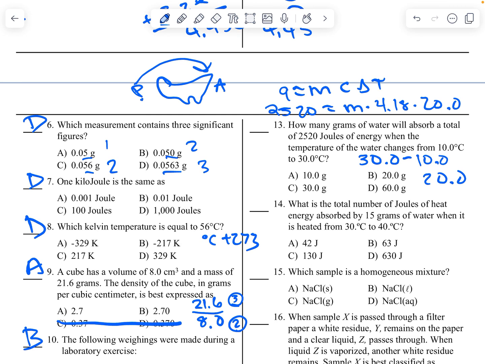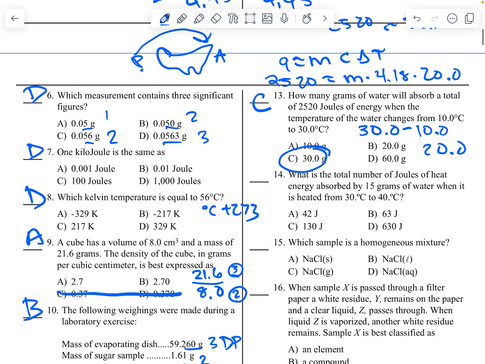So let's do some algebra. 4.18 times 20 gives me 83.6 times M equals 2520. I'm sorry, this is messy. Divide both sides by 83.6, so 2520 divided by 83.6 gives me 30.14. And so I'm going to go with whatever's closest, which is choice C, 30.0.